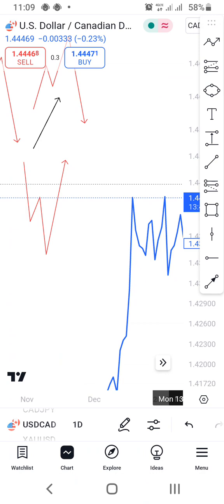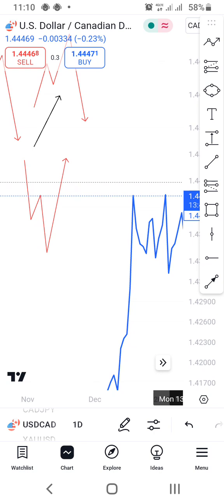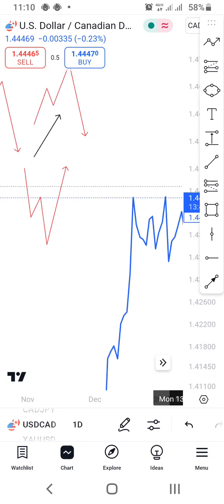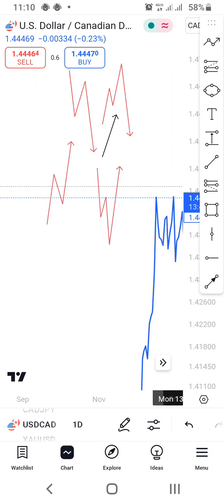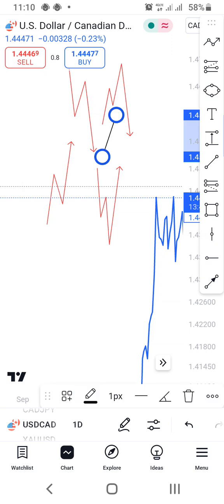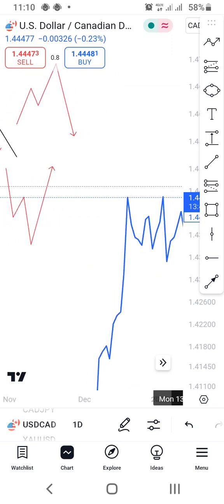Before our black line starting, which type of V do you see here? Do you see any? Yes, I may see this one. Let me show you.